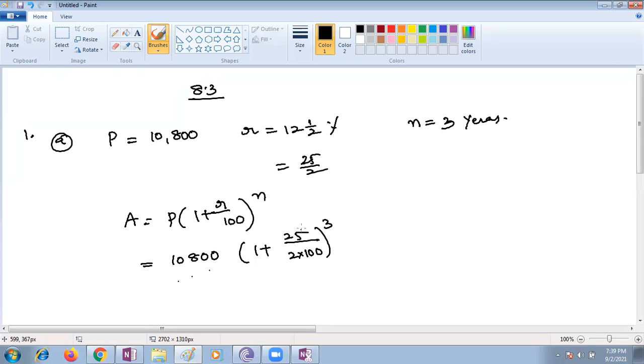Now come on, children, you can simplify here. 25 ones are 25, 25 fours are 100 also. So you get 225 by 200 whole to the power 3. Or else directly simplify 10,800, Nana. 4 twos are 8, 8 plus 1, 9 by 8. 9 by 8, 3 times. How will you get 9 by 8?